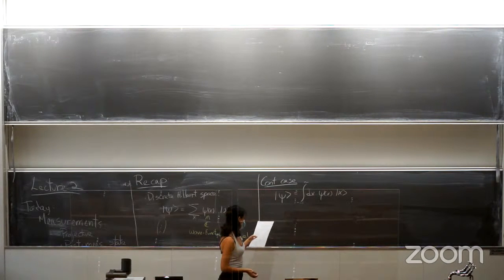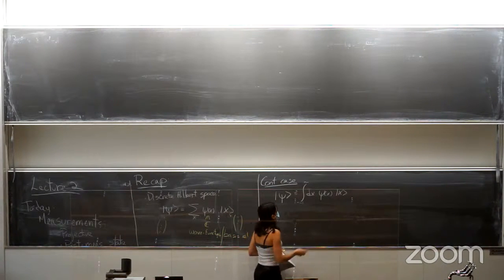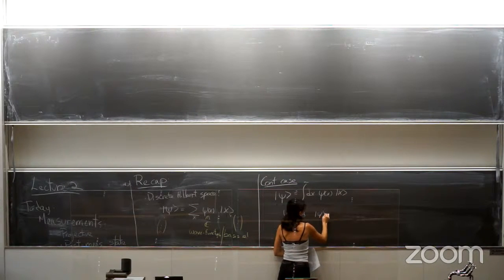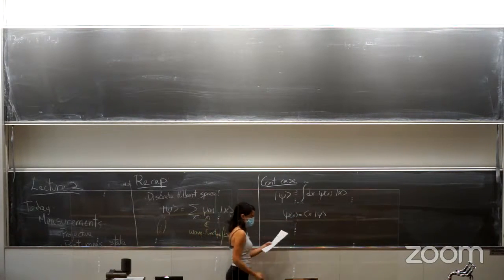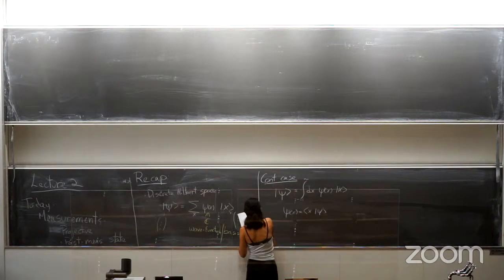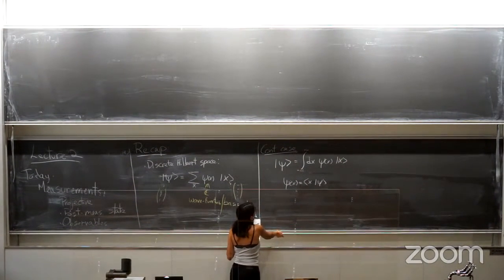And how do we get the wave function in both cases? We can get it by just taking our state and doing the inner product with the basis element. The other thing we described was the inner product.